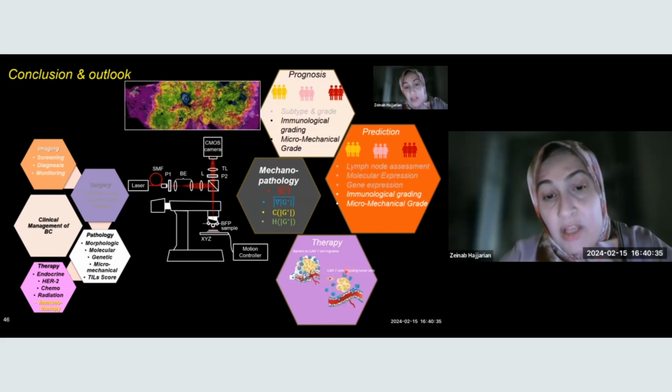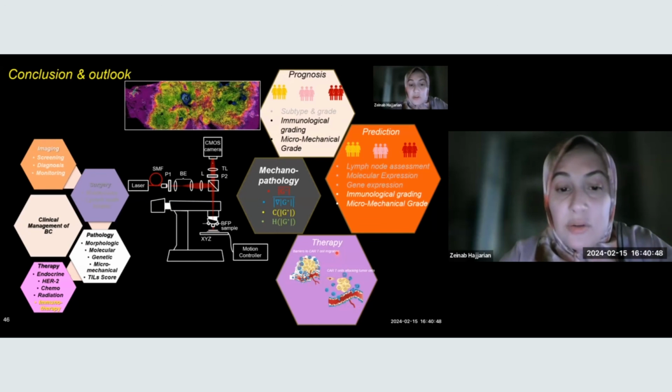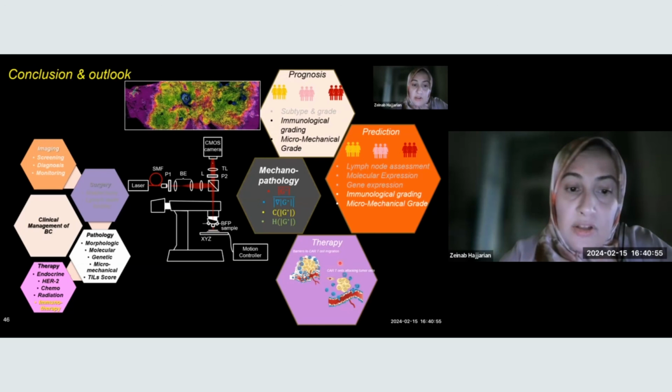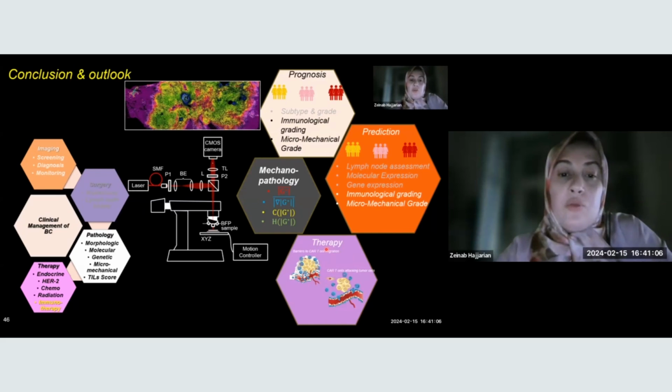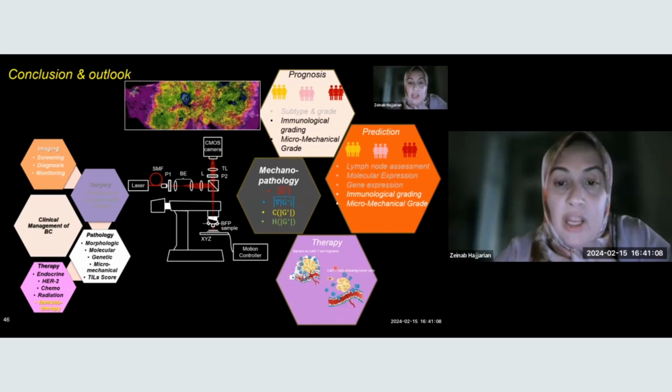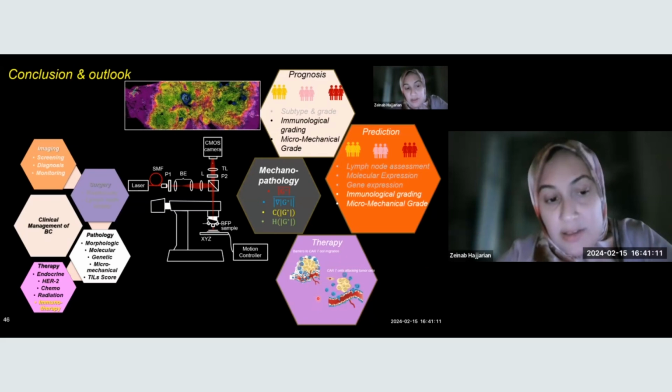In the context of developing new therapies, we found that there is an inverse correlation between mechanical properties and the influx of immune cells in the tumor microenvironment. That might be a key to the design of new immunotherapy techniques, where the goal is to make sure that the engineered immune cells are successfully able to make their way to the tumor microenvironment and target the tumor cells, and it suggests that maybe re-engineering the tumor microenvironment's mechanical properties might be a way to guarantee the success of these new lines of therapy.